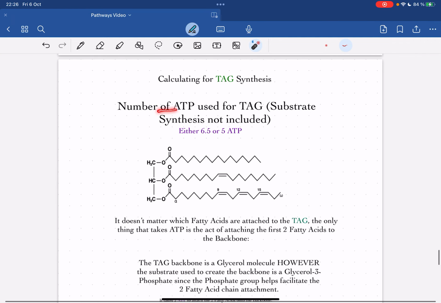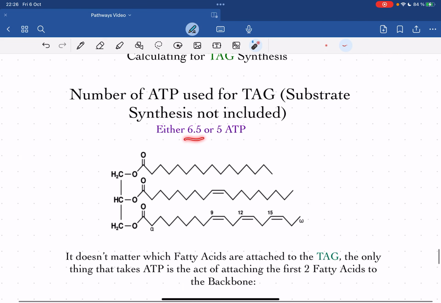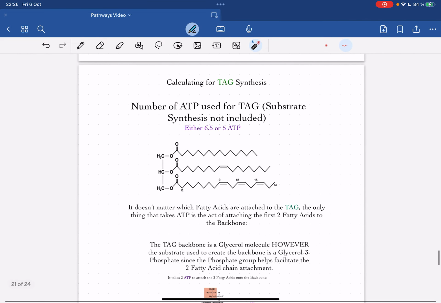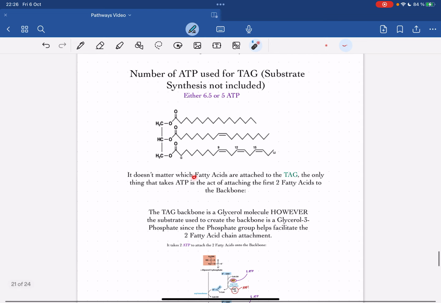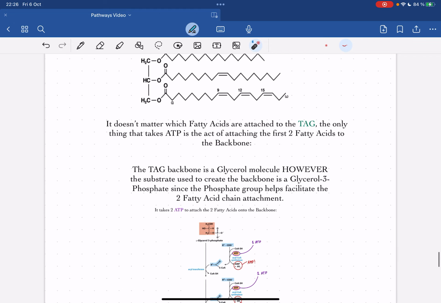Now the number of ATP used for tag synthesis, it would either be 6.5 or 5 depending on what sort of method we're using. So no matter which fatty acids are attached to the tag, the only thing that takes ATP is the act of attaching the first 2 fatty acids to the backbone. The tag backbone is a glycerol molecule.